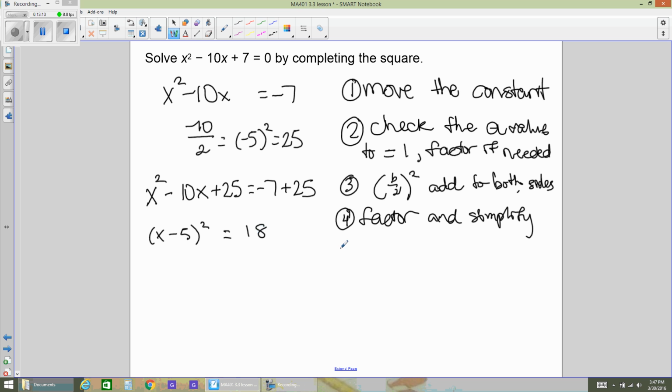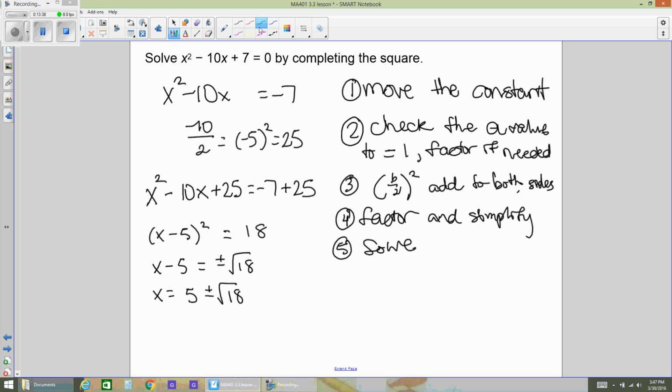Now they told us to solve, so step 5 is going to be solve. So go ahead and square root both sides. You get x minus 5 equals plus or minus square root 18. So x is equal to 5 plus or minus the square root of 18.